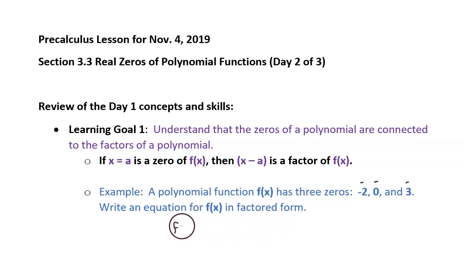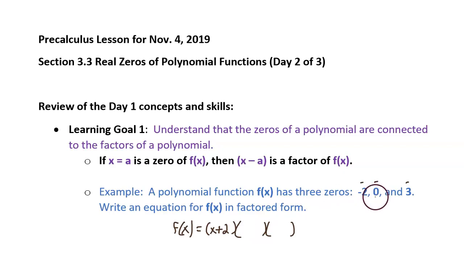We're going to write f of x equals, and then instead of writing the polynomial in standard form, we'll write it as factors multiplied together. This has 3 zeros, so there are 3 factors multiplied together. If -2 is a 0, then one of the factors is x plus 2, because -2 plus 2 would make a 0 in that position.